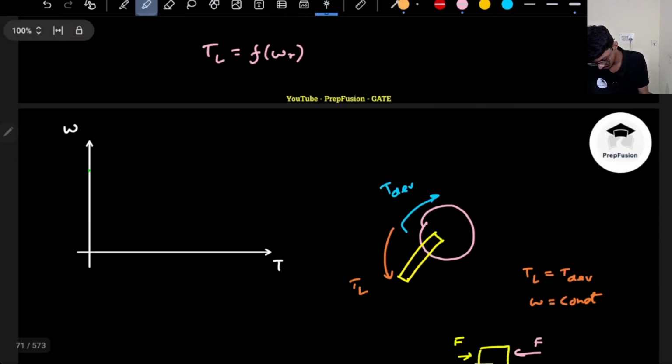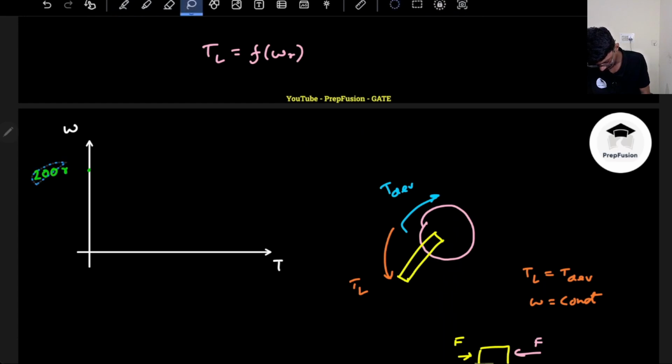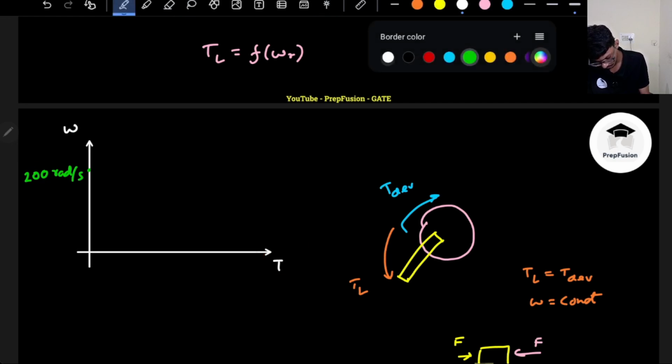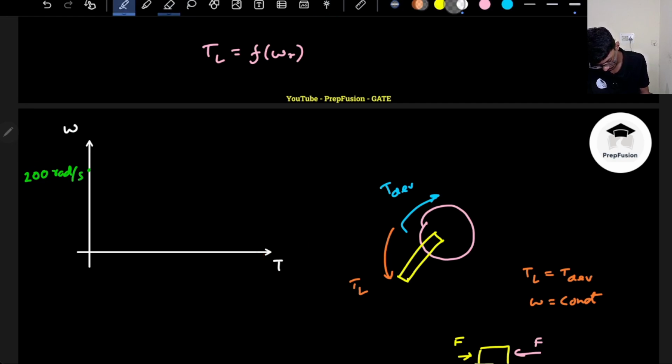So here the speed is 200 radian per second. Okay.